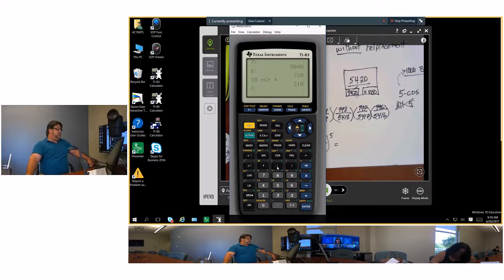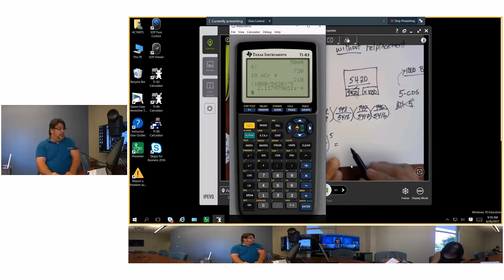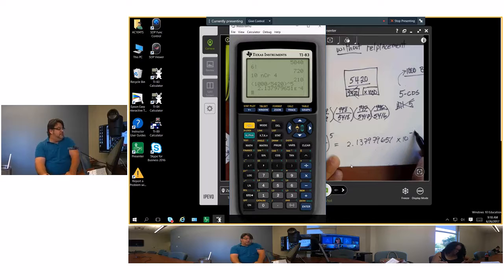Hold on. 1,000 divided by 5,420, and I'm going to raise that to the 5th power. You should get around 0.0002, something like that. I get 2.137979651 times 10 to the negative 4th power.